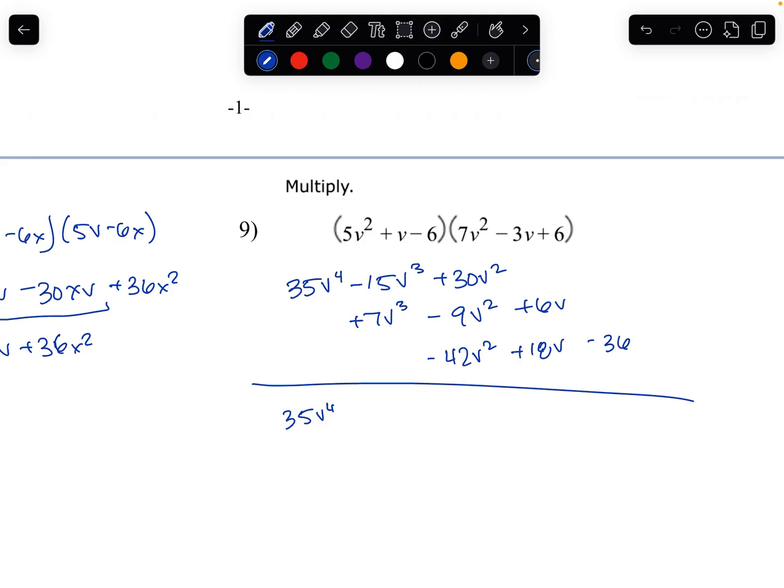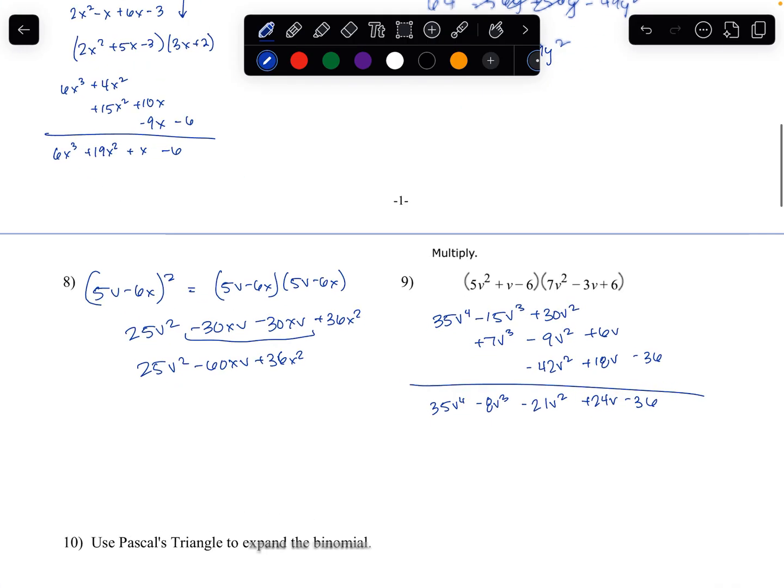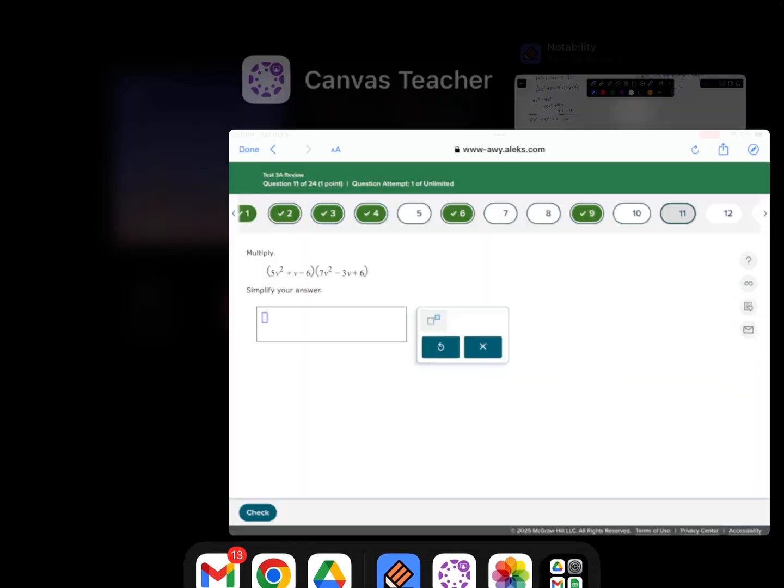Then we'll have negative 15 and 7. That's going to be negative 8v cubed. Then we have 30, and then we have negative 9, and then we have negative 42. It's going to come out to be negative 21v squared. 18 and 6 is going to be 24v, and then minus 36. So that should be the answer. Again, I'm not going to type it out.